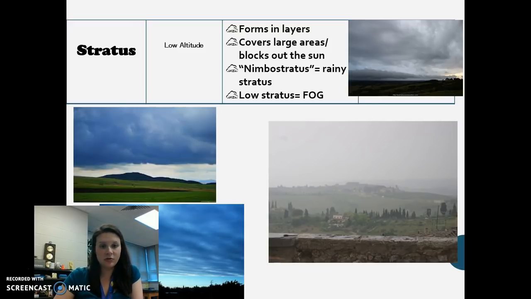Not a storm, nothing violent happening, but it's just kind of dreary, drizzly weather. And then something also to note is that the really low stratus clouds are actually fog. So those are the ones that kind of blanket the ground. So on your picture for this one, you could just kind of shade in some hazy clouds that just kind of blanket over.